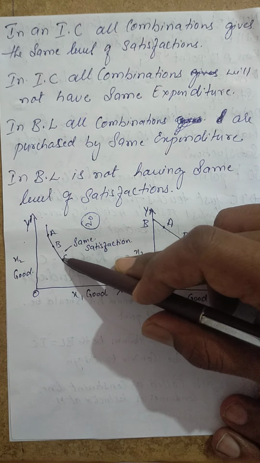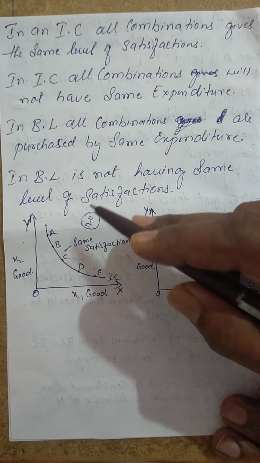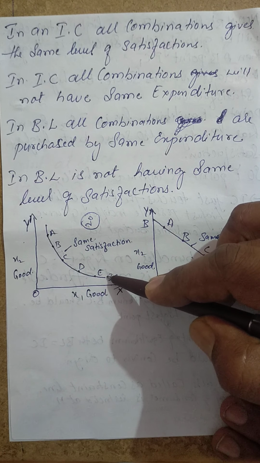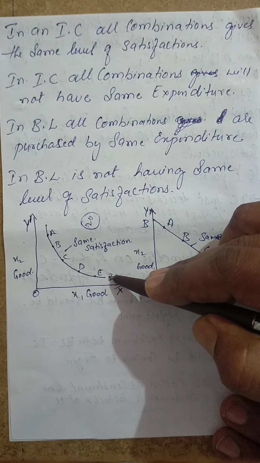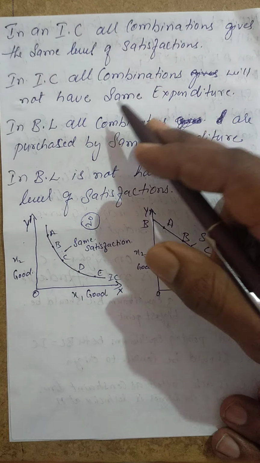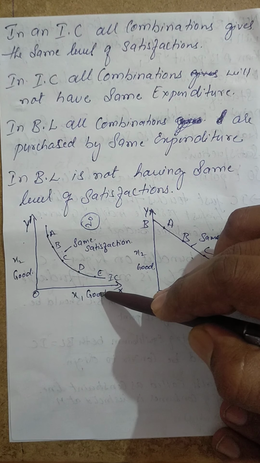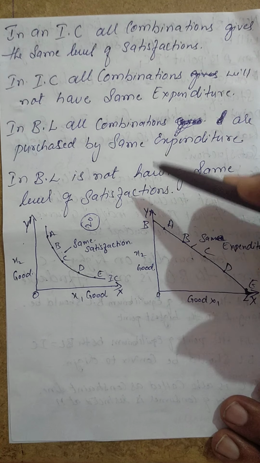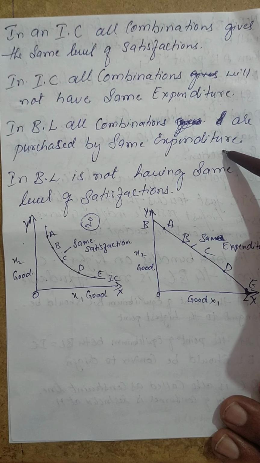But the level of satisfaction, whatever combination he purchases, remains the same, since it is the rule of the indifference curve. Whatever combination the purchaser buys gives the same level of satisfaction, but the expenditure will not be the same. Whereas in the budget line, all combinations are purchased with the same expenditure, isn't it?